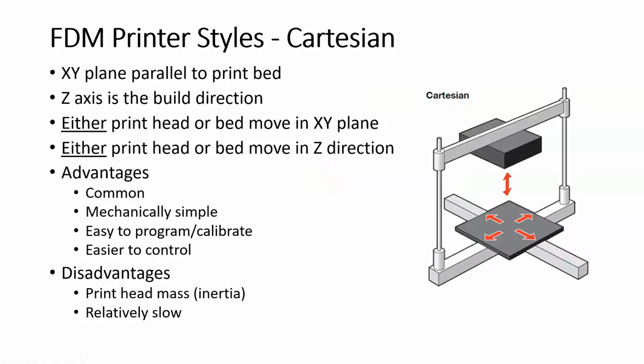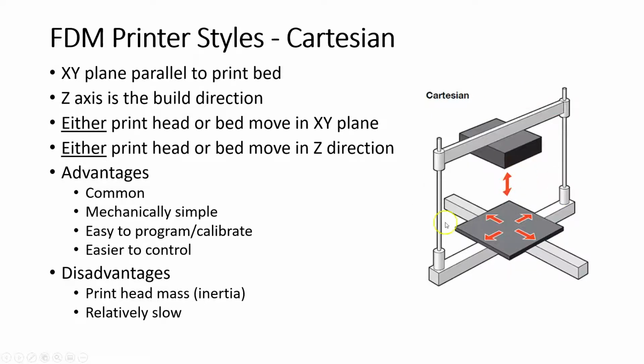The Cartesian style is the most common, right? It's the easiest to program, and so I think that's why it's the most common one. It also is very predictable in how it's going to print, and remember, you need to control things like print head inertia and all those things. So in this case, the XY plane is parallel to the print bed. The Z axis is in the build direction.